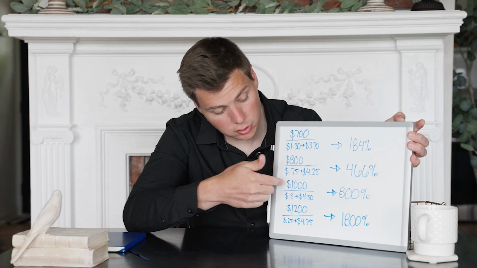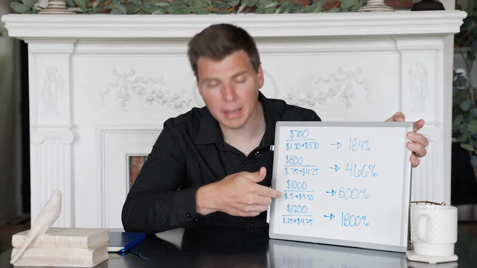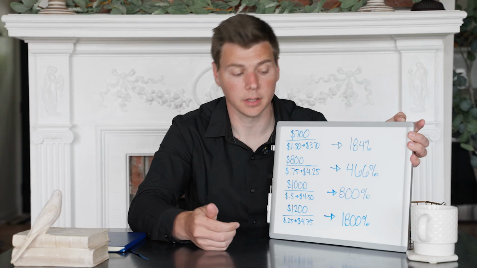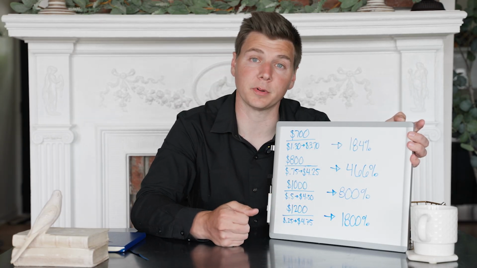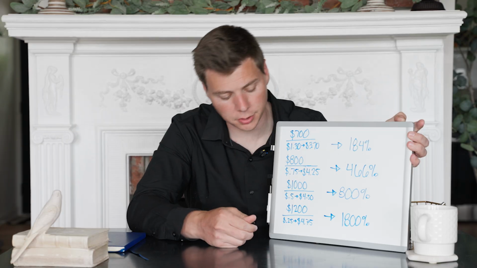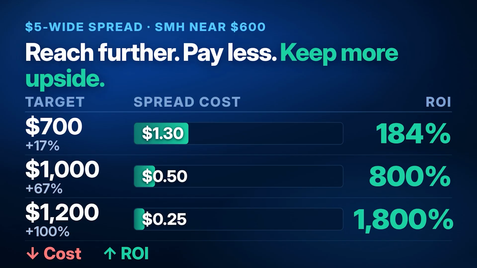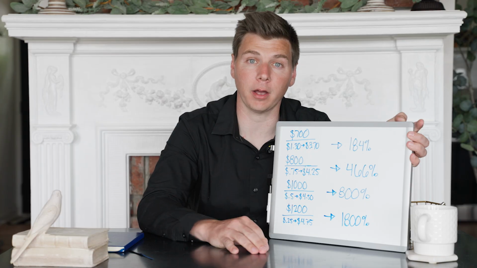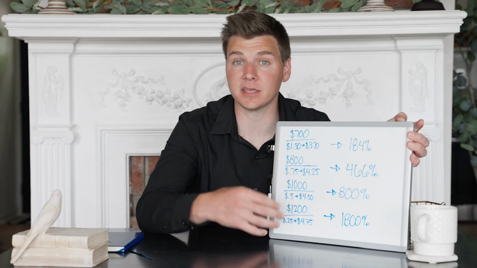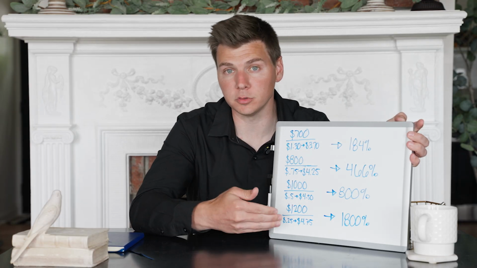For example, if you target $1,000 a share, you might pay about 50 cents for that spread. In other words, you have about 800% ROI left on the trade. Or if you went all the way off to $1,200 a share, now you could probably buy that $5 wide debit spread for just 25 cents, which means you would have about a 1,800% ROI opportunity just based on that $5 wide spread using the math.